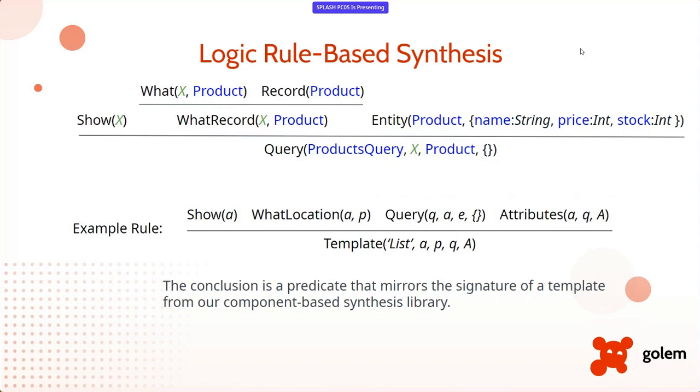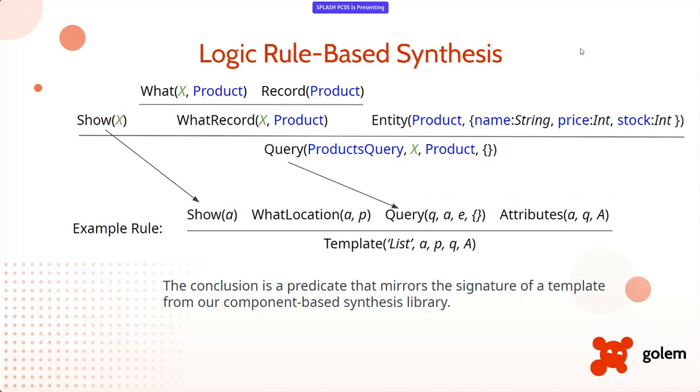We have a rule whose conclusion is actually a predicate that mirrors the signature of a template in our component-based synthesis library, right? So we have a library that knows about lists and can instantiate them with this template, and we just need to plug in these items. And these items come from the premises. They're free variables. And so we match those premises to the things we have, and we find out, okay, we have something to show. We have a query.